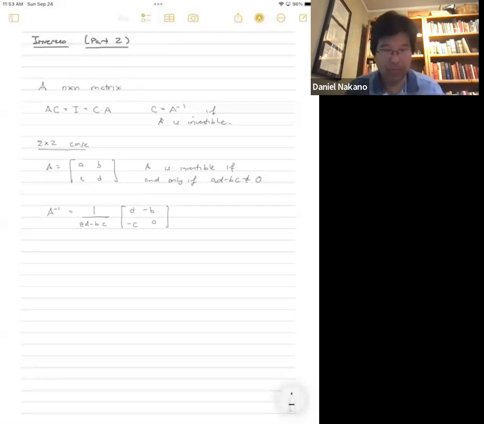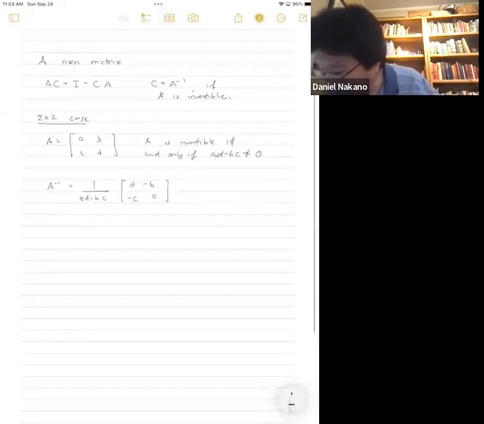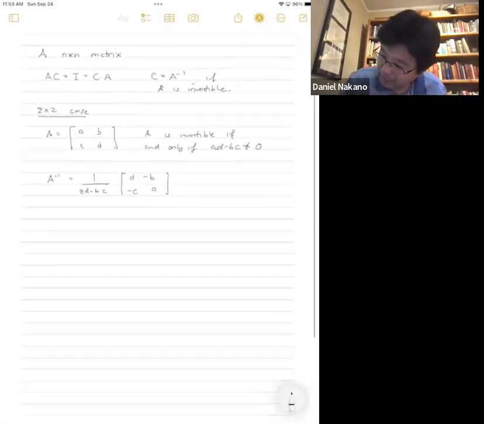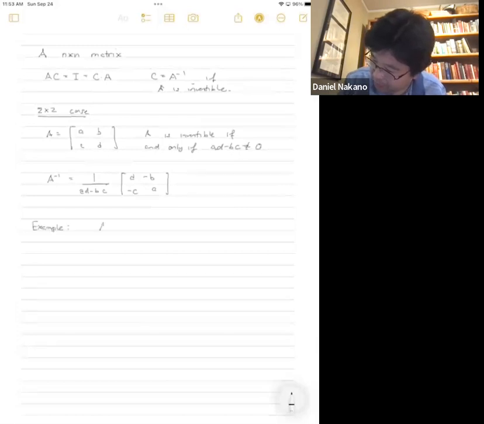Good. And we did examples of 2x2 cases last time. So let me give you the example we did in the last class. The explicit example was when A was the matrix 3, minus 7, minus 6, and 13.